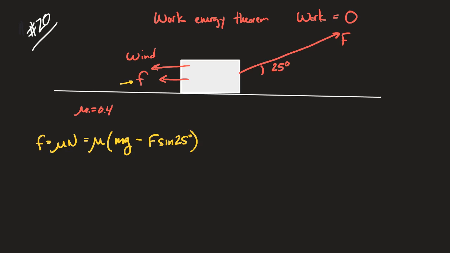I could draw a free body diagram for you if you need to see it, but we've done this before. This force is both pulling up a little bit on the box and pulling to the side a little bit on the box. The amount that is pulling up is F sine 25. That plus the normal force has to equal the weight of the box. Thus, that has to be the normal force.